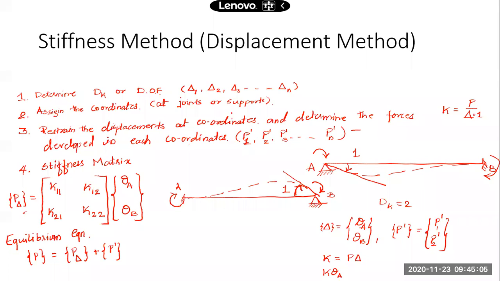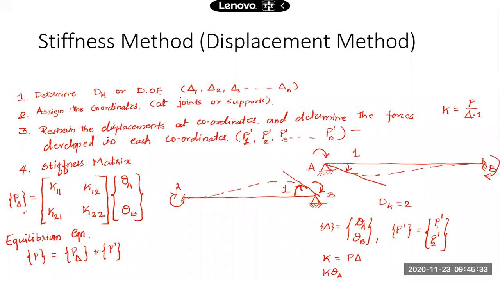If you add up these two, it will tell you the net force in that joint A. If there is no externally applied force at the joint, then this P will remain zero. The elements of this matrix will remain zero. We will identify that by looking at the joints, whether there are any forces applied at the joint or not. Accordingly, the elements will be zero or they will have some values.